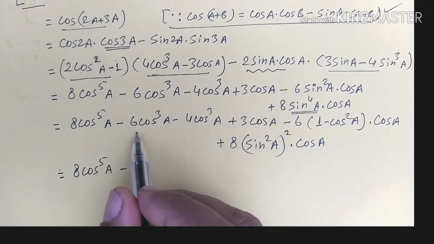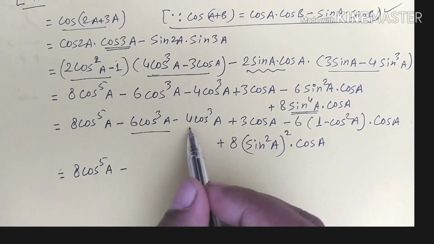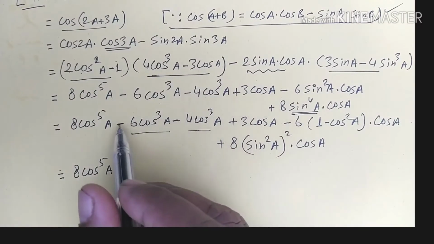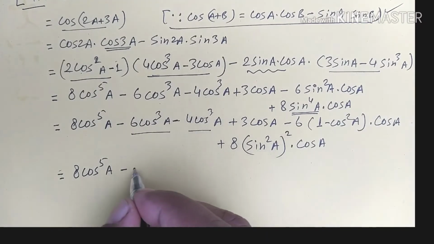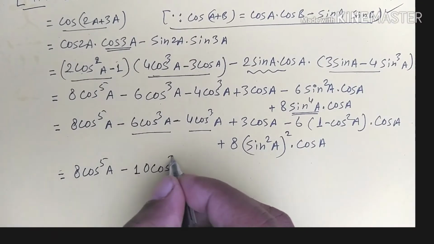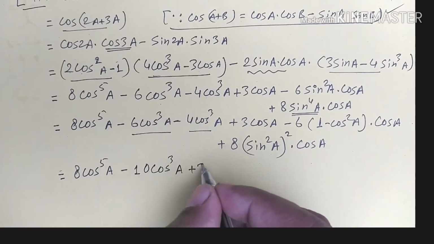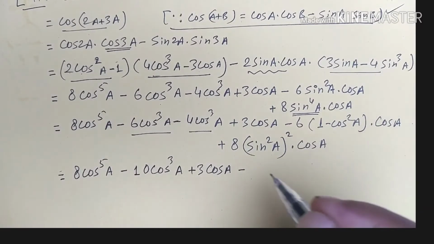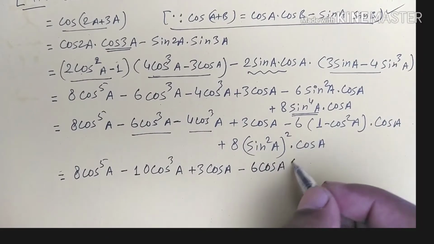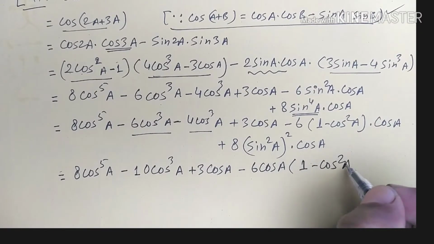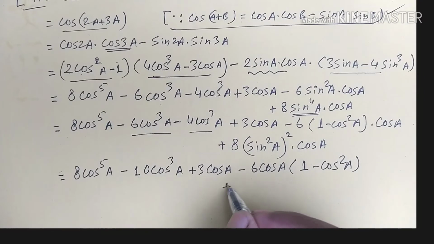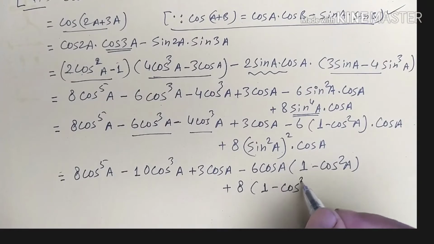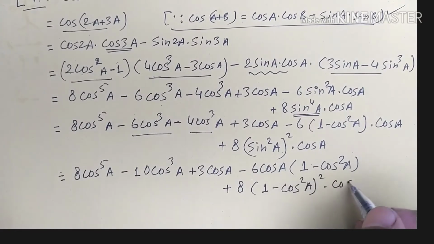Now you can see that minus 6 cos cube a and minus 4 cos cube a have the same power and same sign, so 6 plus 4 will be 10 cos cube a plus 3 cos a. Now 6 times cos a will be 6 cos a, 1 minus cos square a, this plus 8 sin square a can be written in the form of 1 minus cos square a whole square dot cos a.